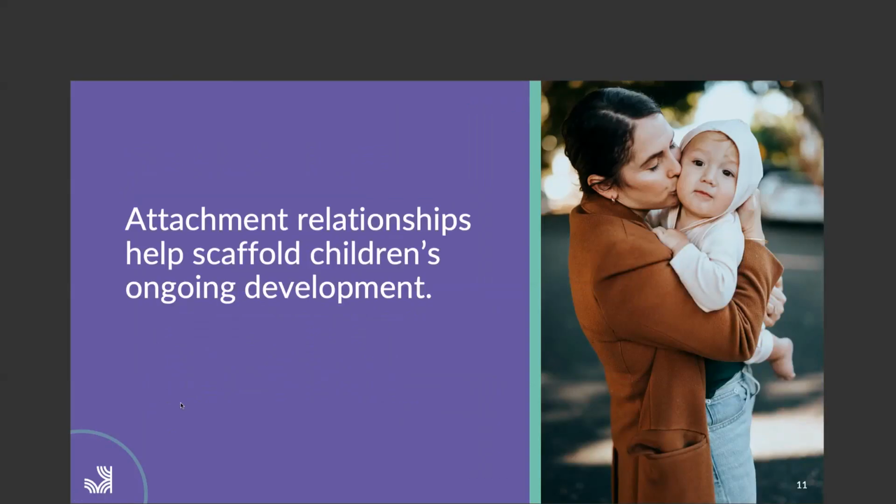So I mentioned this before. We know how important attachment relationships are to help scaffold children's ongoing development. And we also know that domestic violence and other stressors and adversities and losses can really disrupt attachment relationships.